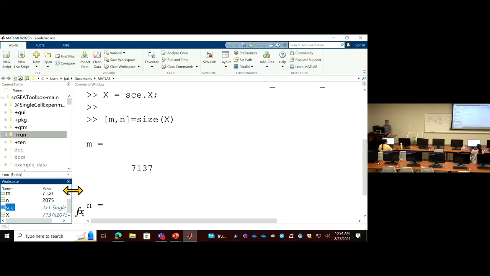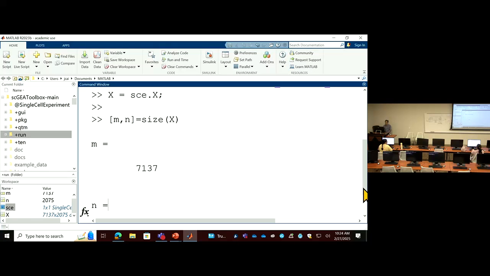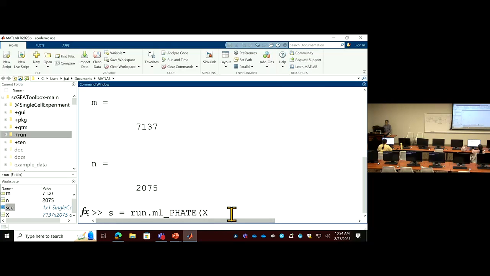I want to give you some impression of what to expect from the output. So now let's see 2D. If you ask for a 2D output, this embedding S will become only 2 columns.